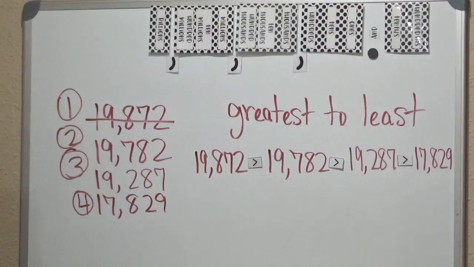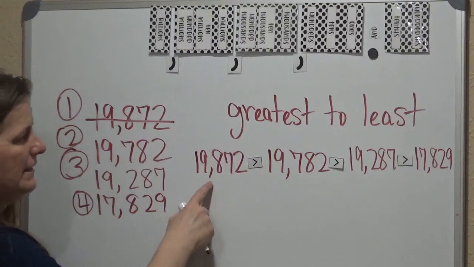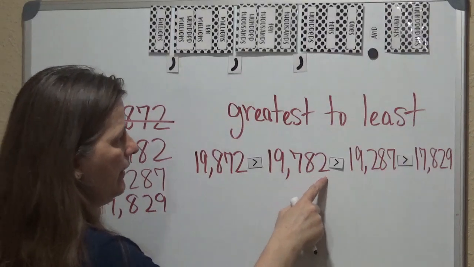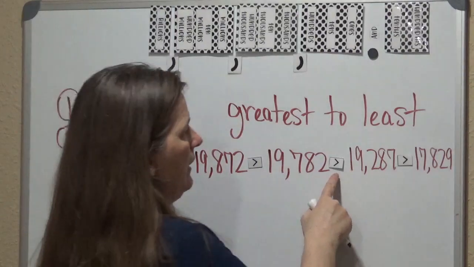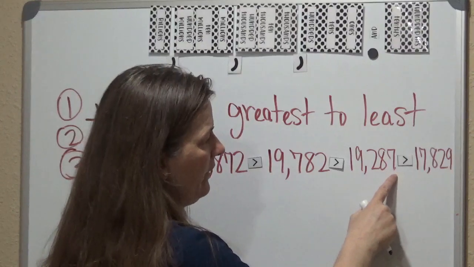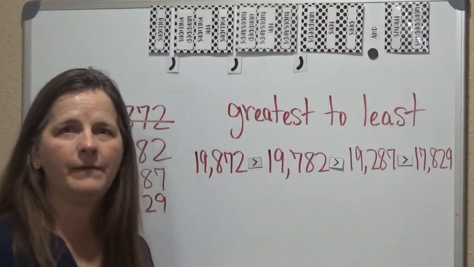So when we're looking at this, we're going from greatest to least. So 19,872 is greater than 19,782. It's greater than 19,287 is greater than 17,829.